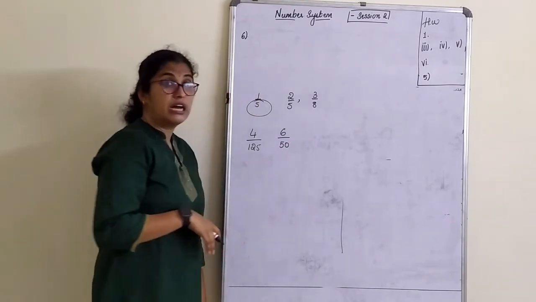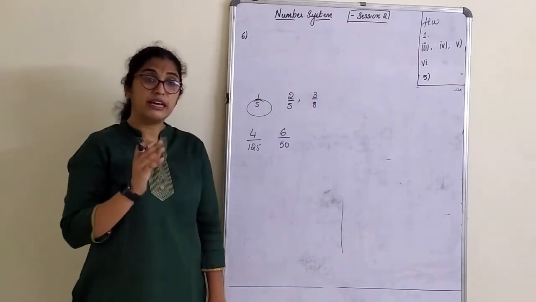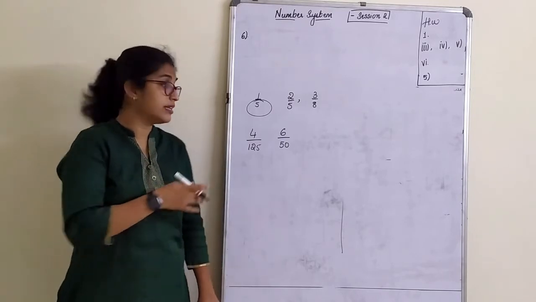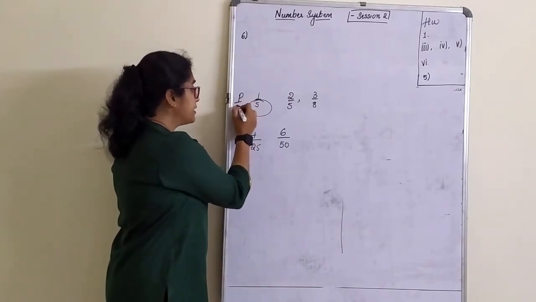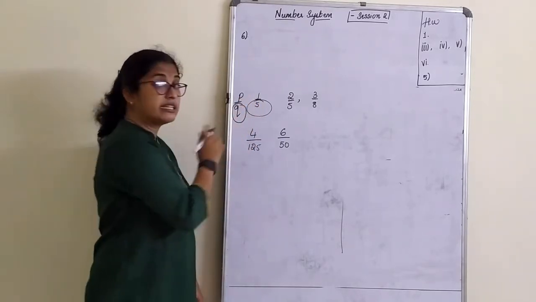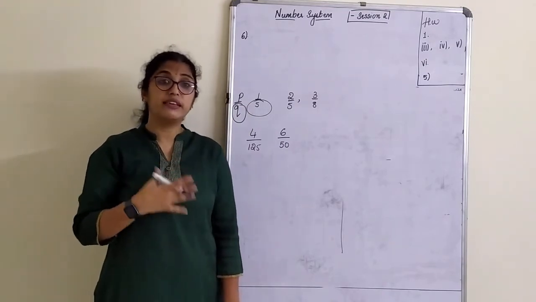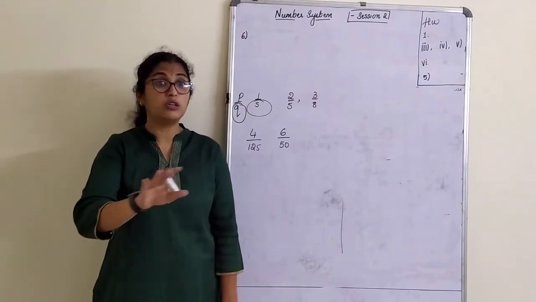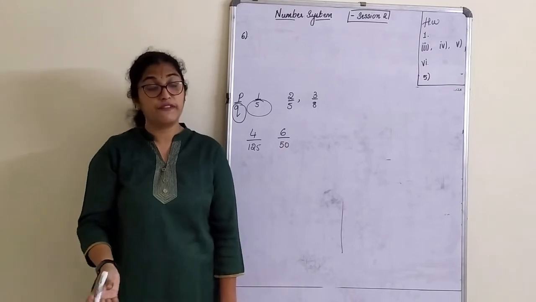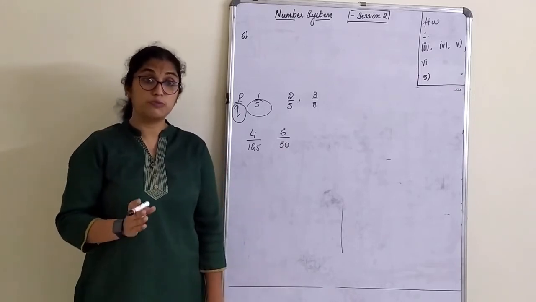Looking at this number, only looking at the denominator, that is it is in the form of P by Q. Only looking at Q, can you tell the given numbers are terminating without performing actual division? Difficult, right, to tell, but it is possible.